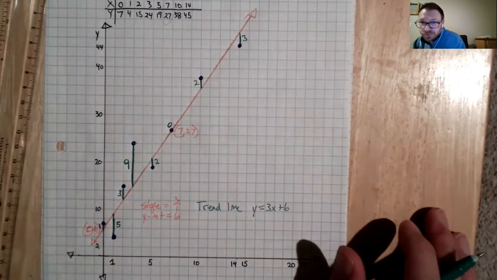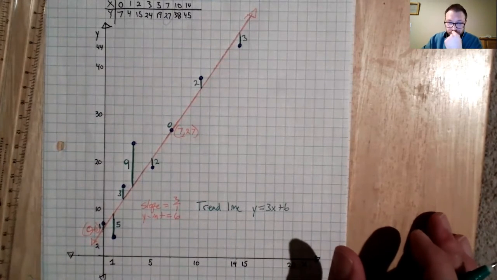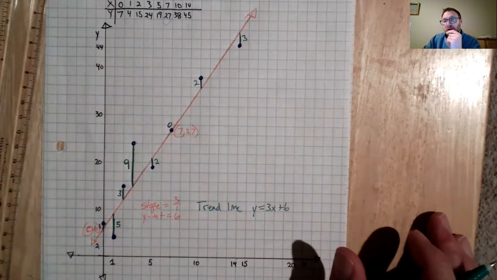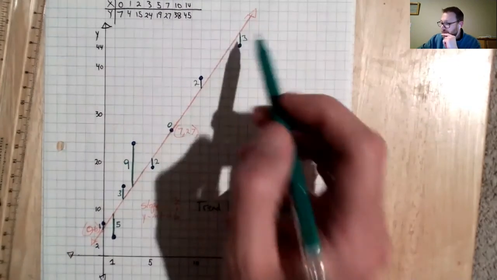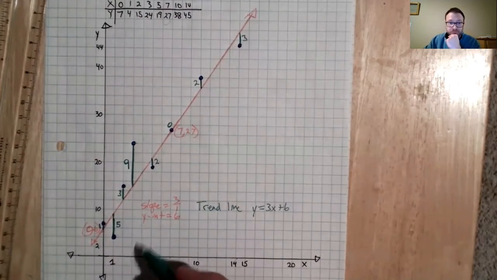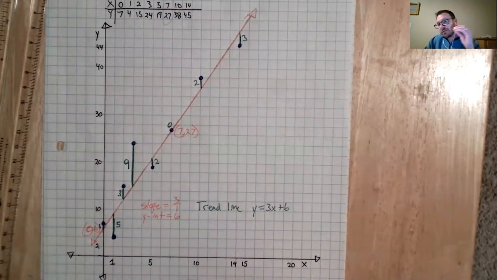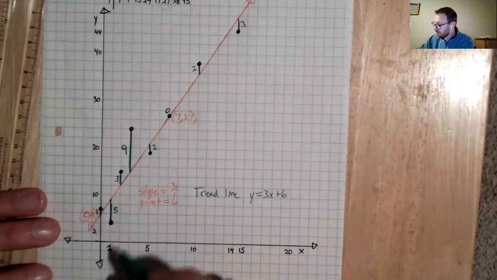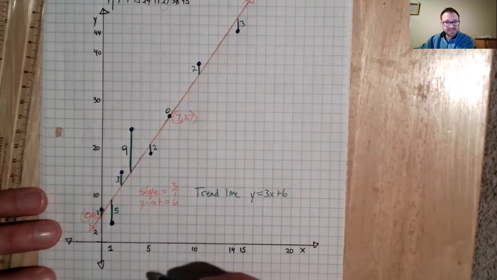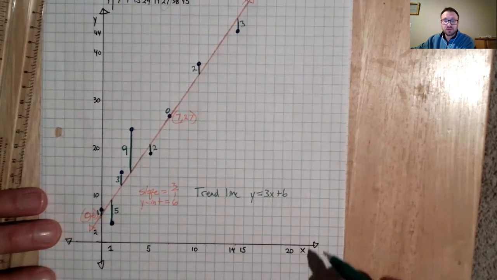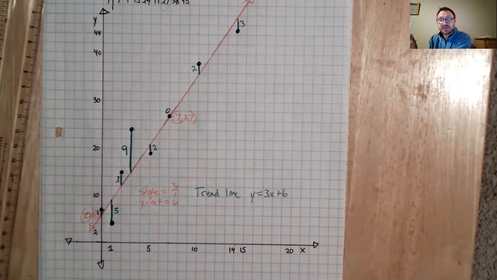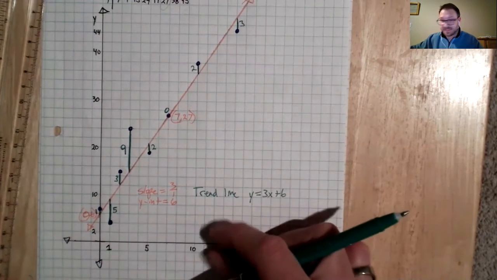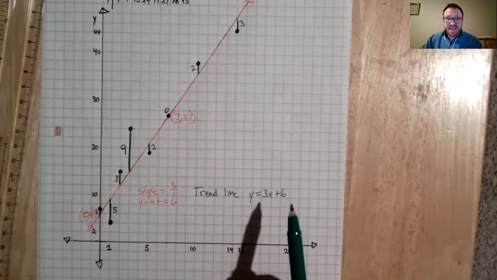What you're doing is you're trying to see, when I take those residuals and plot them back down here, are they really close to the x-axis? If my residuals are scattering above and below the x-axis, but still close to it, like I still want my data in here, then guess what?